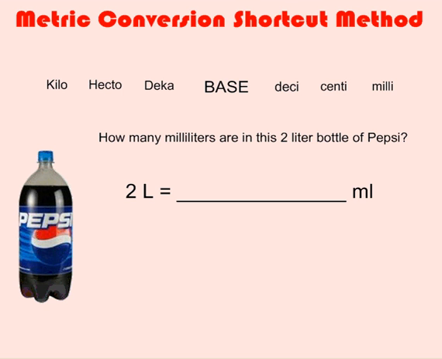Well, in order to solve this, we know that we need to go from liters to milliliters. Well, the base unit that we're using is liters here, and so liters, as in our problem, will be right here in the center of our list. We need to go to milliliters. The prefix milli is going to be all the way on the right.